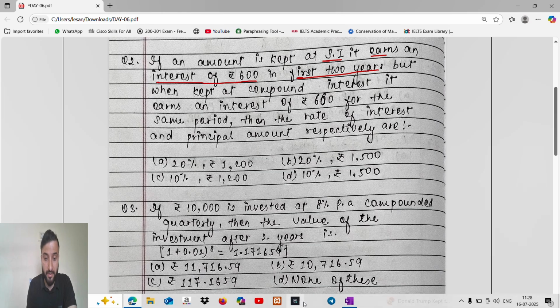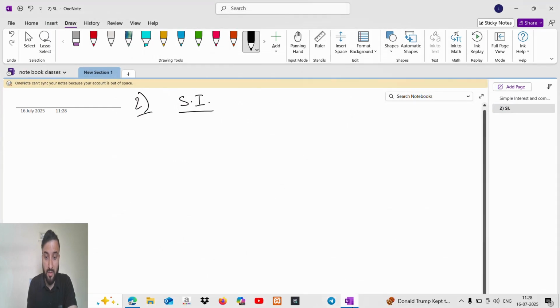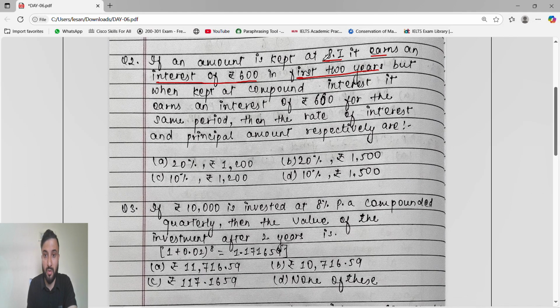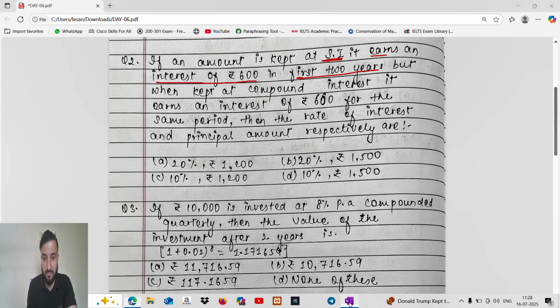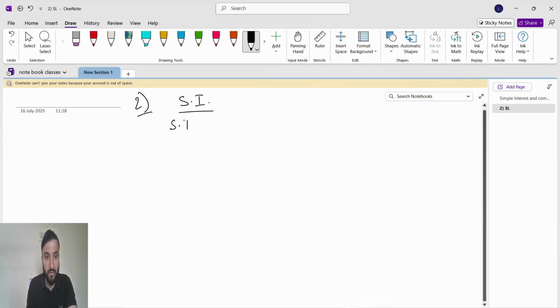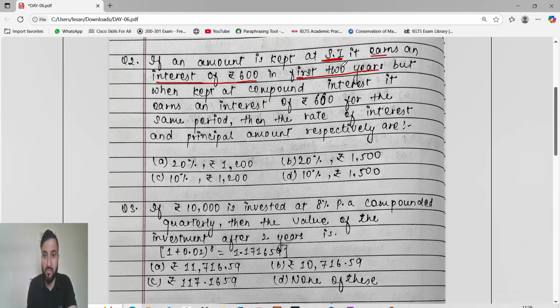Here they have mentioned the word simple interest, so the simple interest we got is 600 for 2 years.